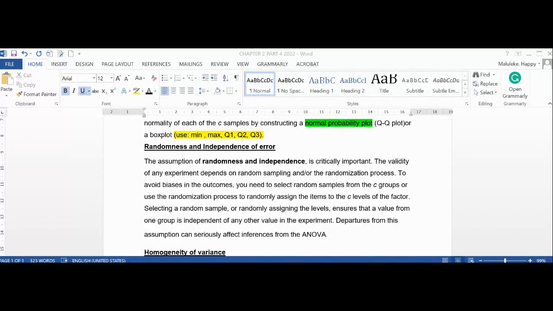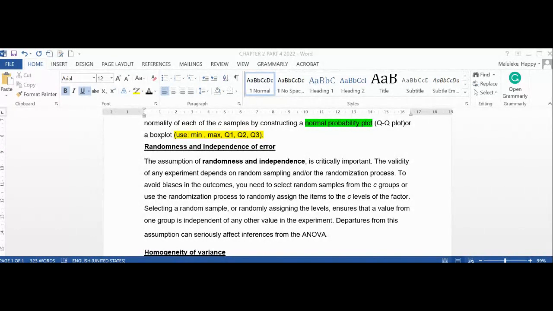So the three major assumptions that we need to check for the ANOVA table: one is normality, two is randomness. Why do we have to apply randomization, guys? I want to check. Why do I apply randomization? One way to explain that is to eliminate bias.